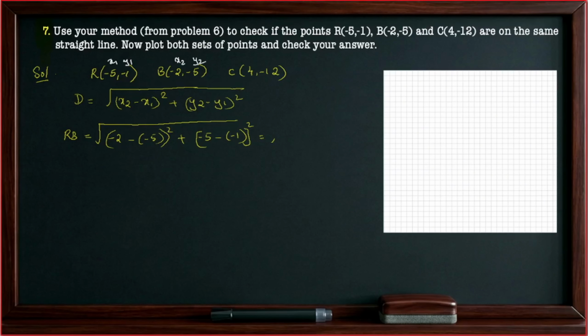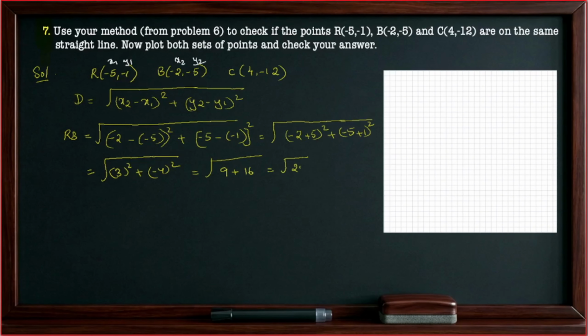So this is equal to root of -2 plus 5 square. Here minus minus will become plus, so that is why plus 5, plus -5 minus -1 will become again plus, the whole square. This is equal to 3 square plus -4 square, equal to root 9 plus 16. This is equal to root 25, and this is equal to 5 units. So here AB we are getting as 5 units.